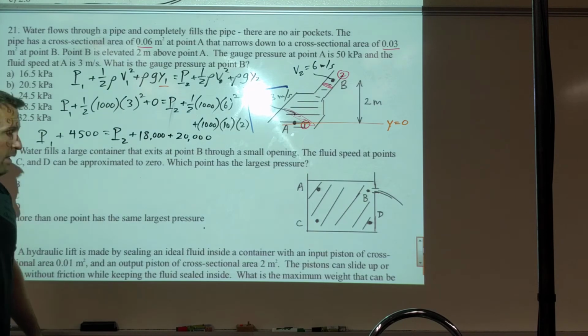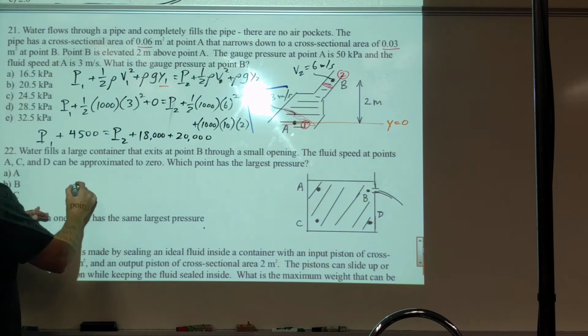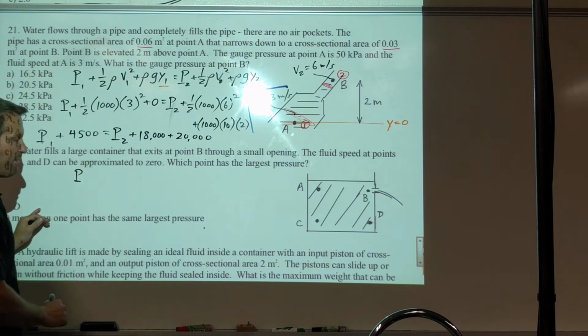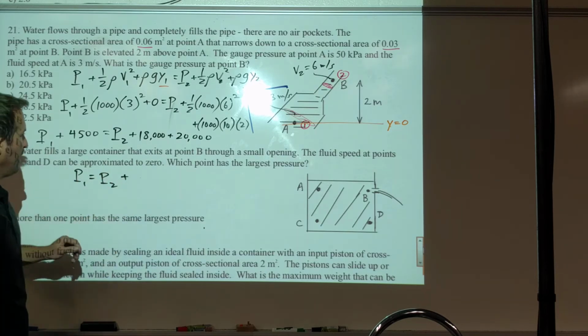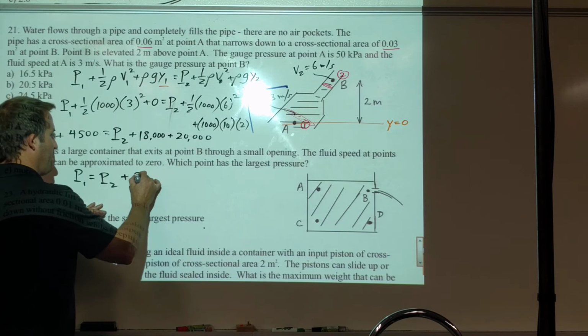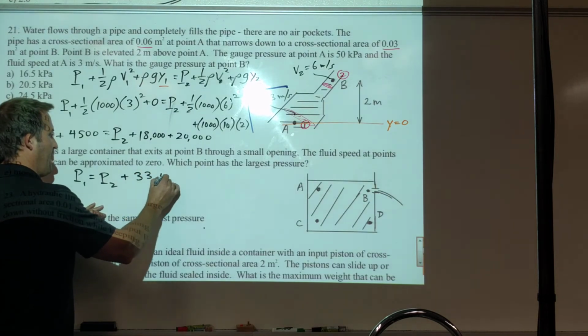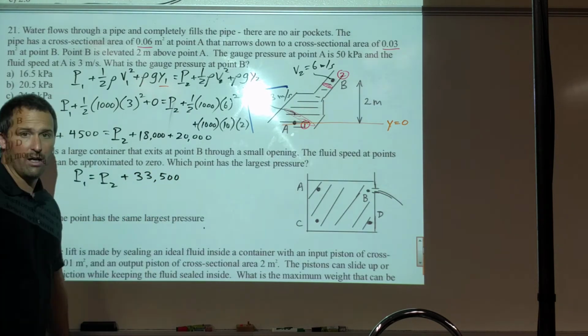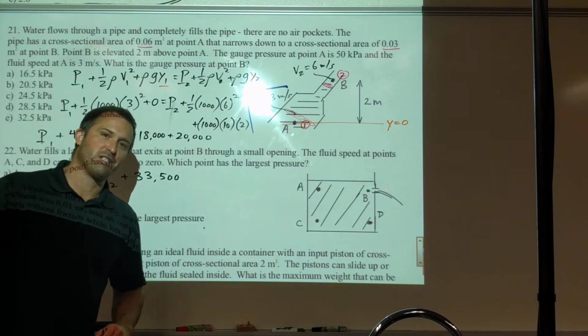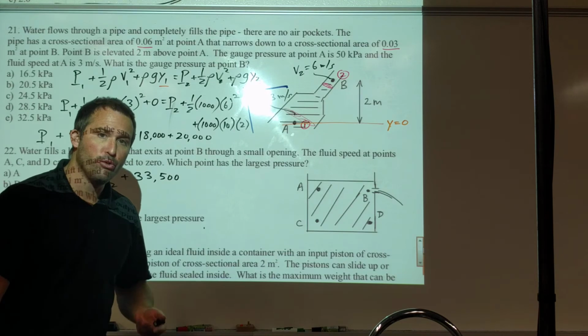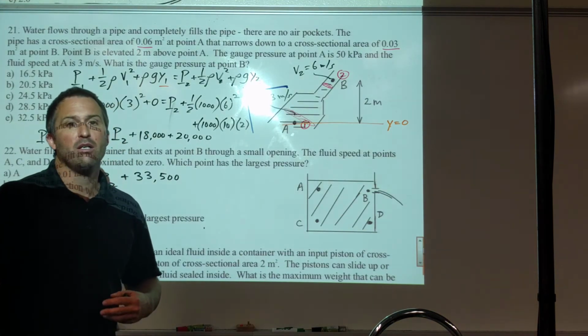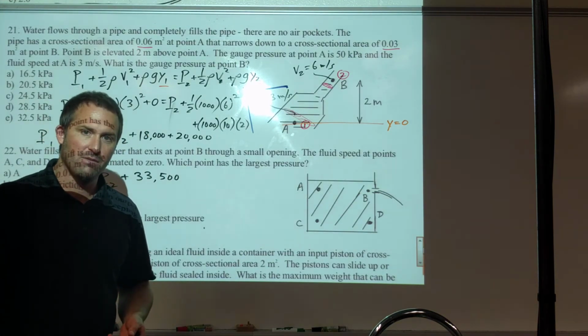Let's try to simplify just a little bit more. Let's subtract the 4,500 from both sides. And what am I going to get here? I'm going to have 33,500. And in our standard units, what is the standard unit for pressure? We can call it the Newton per meter squared, which is also called the Pascal.